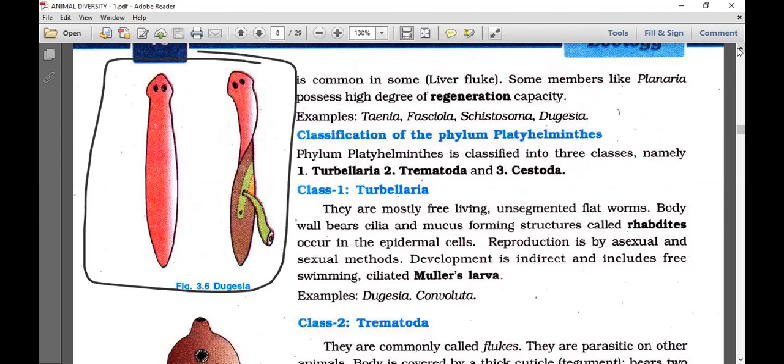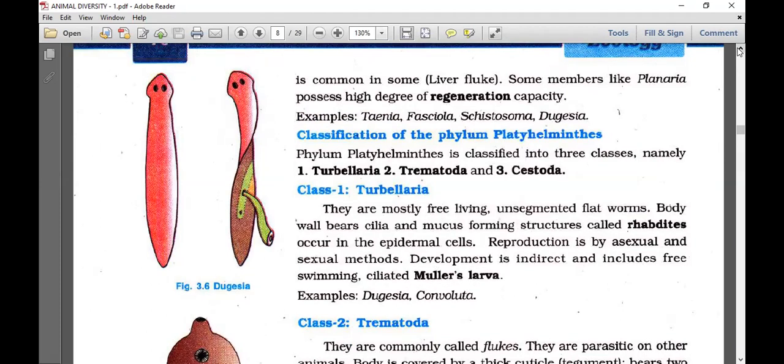They are mostly free-living, unsegmented flatworms. The body wall bears cilia and mucus-forming structures called rhabdoids, which occur in the epidermal cells. Reproduction is by asexual and sexual methods. Development is indirect, which includes a free-swimming larva called Müller's larva. Okay. Next, Trematoda.